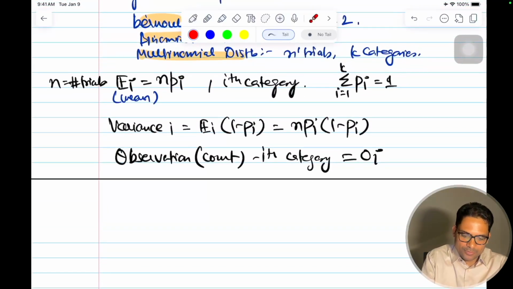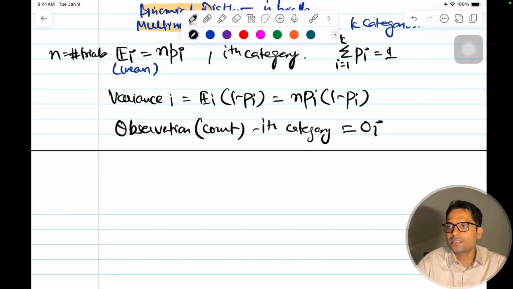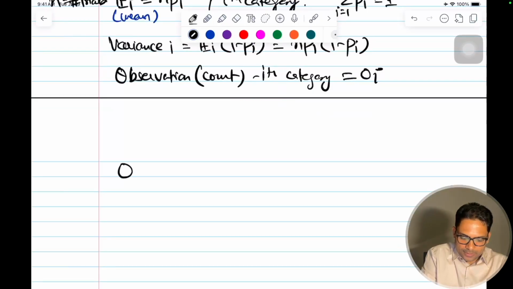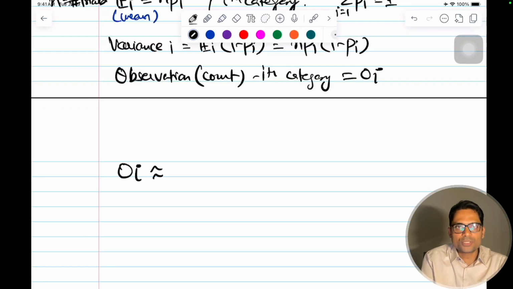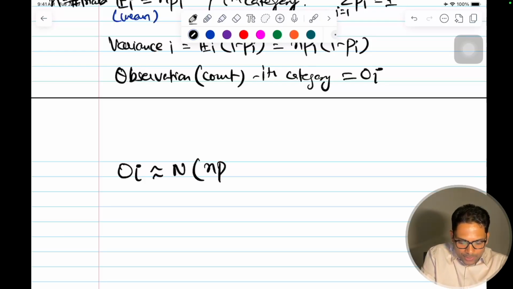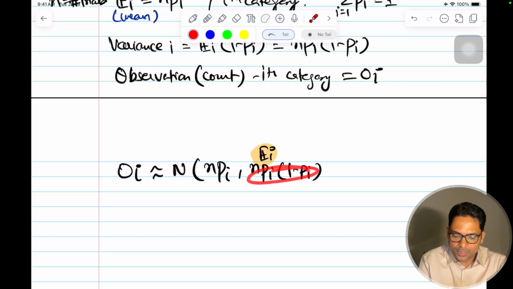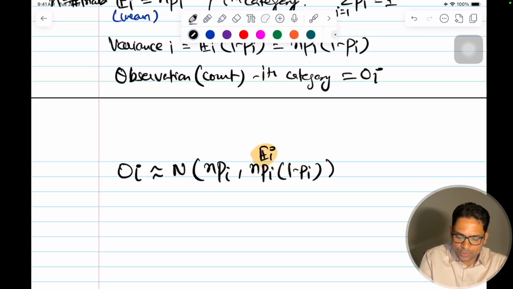So for large n, the count of the ith category can be approximated as a normal distribution with mean n p_i and variance n p_i into 1 minus p_i.